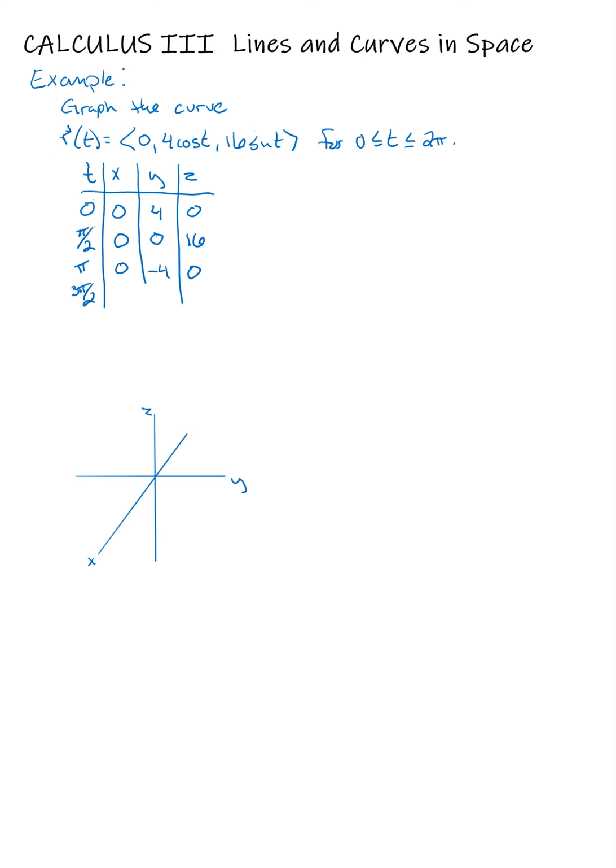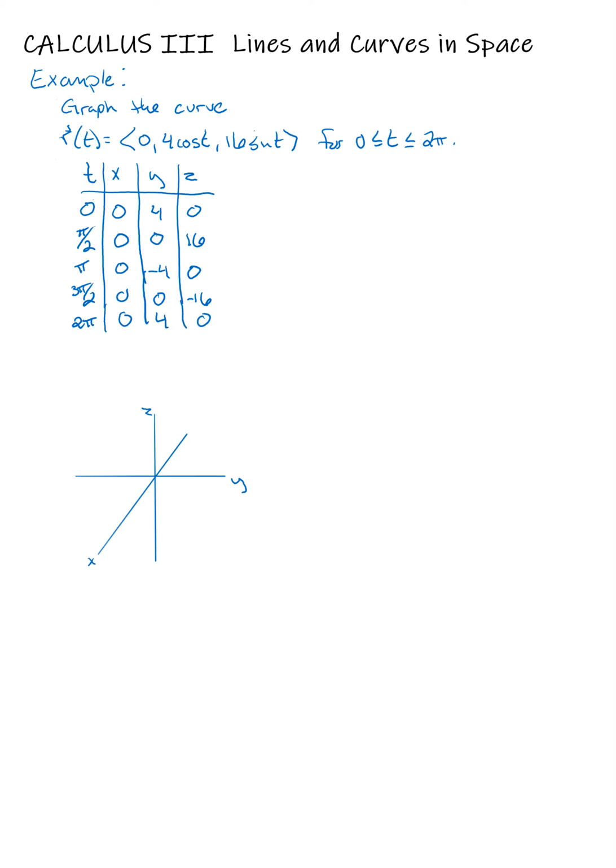For 3 pi over 2, again, the x value is 0. The y value is, cosine of 3 pi over 2, we get 0 again. And sine of 3 pi over 2 this time is negative 1, so we get negative 16 on this one. And we'll finish up, go all the way out to 2 pi here, which ends up being the same as 0.